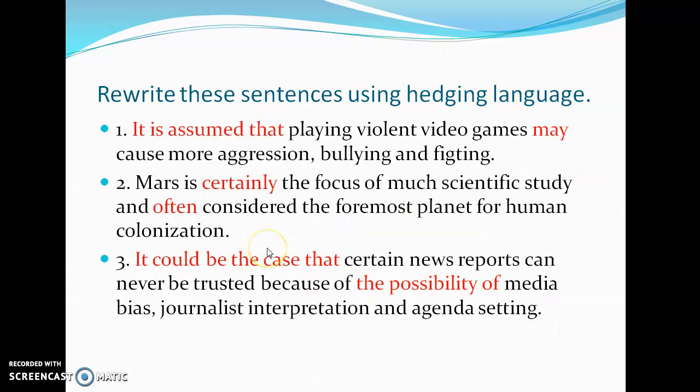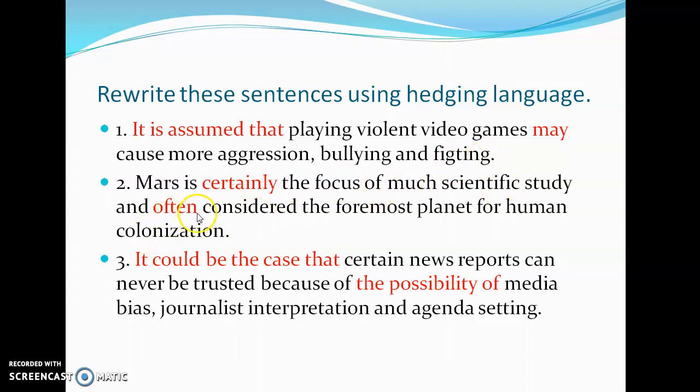But here you can see hedging language or vague language. This means that the writer is trying to express their opinion in a more softened way. Here you can see: it's assumed that playing violent video games may cause more aggression, bullying, and fighting.